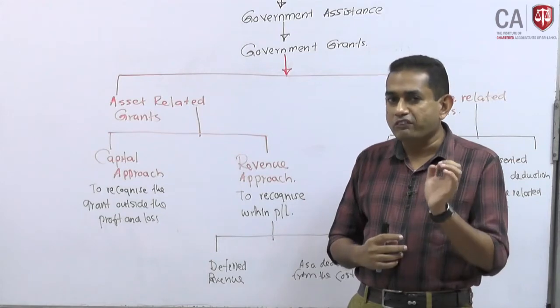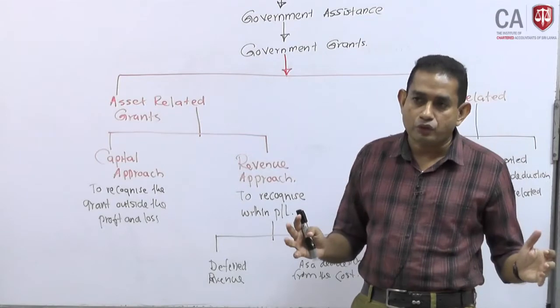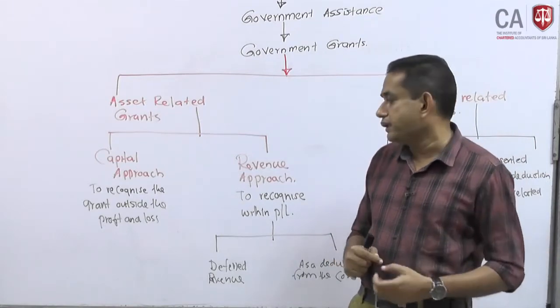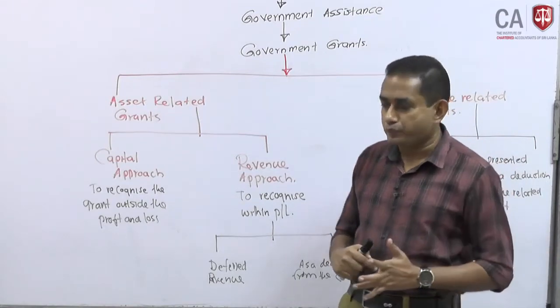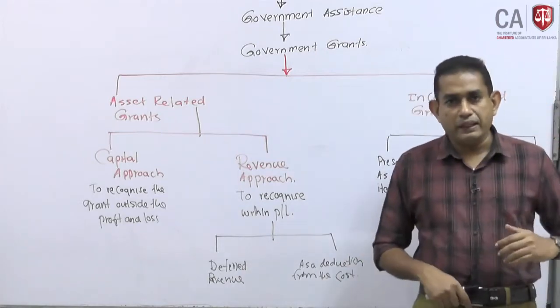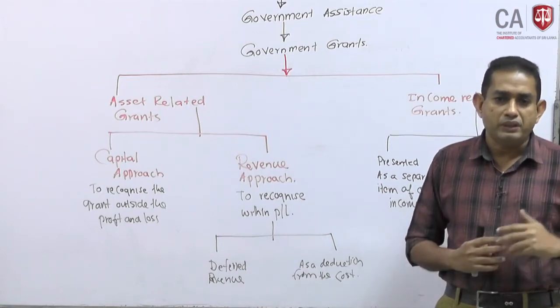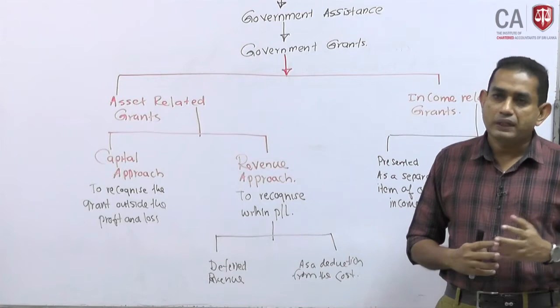We do not want the government grant to be in the profit and loss, we want that to be outside the profit and loss. So, that will be warranted only if you adopt the capital approach. The revenue approach is the other way. If somebody wants the government grant to be right within the profit and loss, then we adopt the revenue approach.